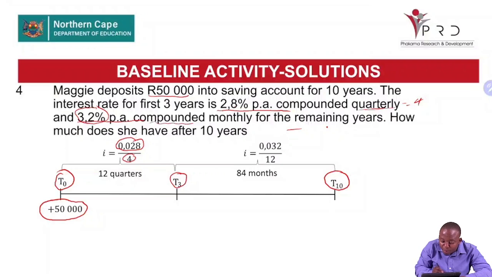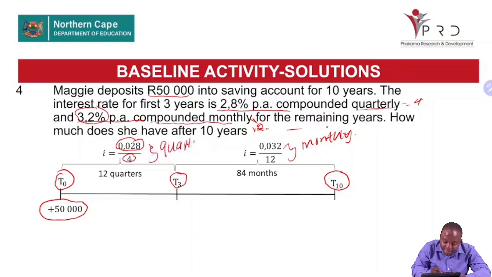We are told that it was compounded monthly. When we are compounding monthly, what are we doing? We are dividing i by 12. So our i was 0.032, then we divide it by 12 as it was compounded monthly. So this side is monthly. This side is quarterly.